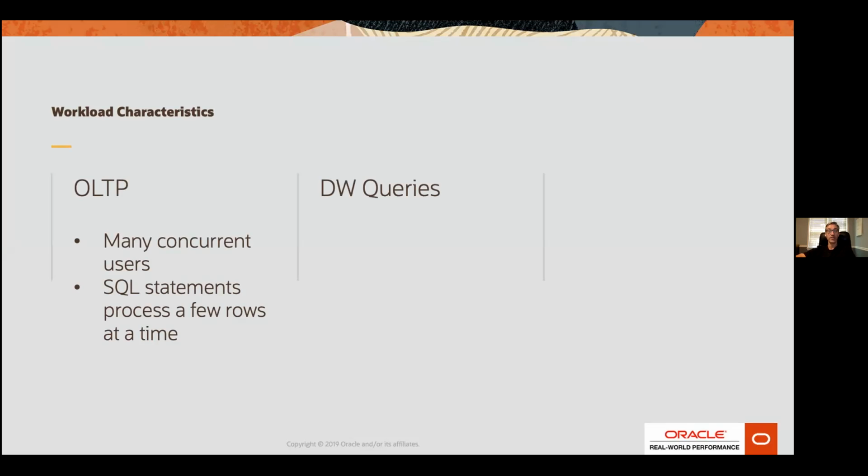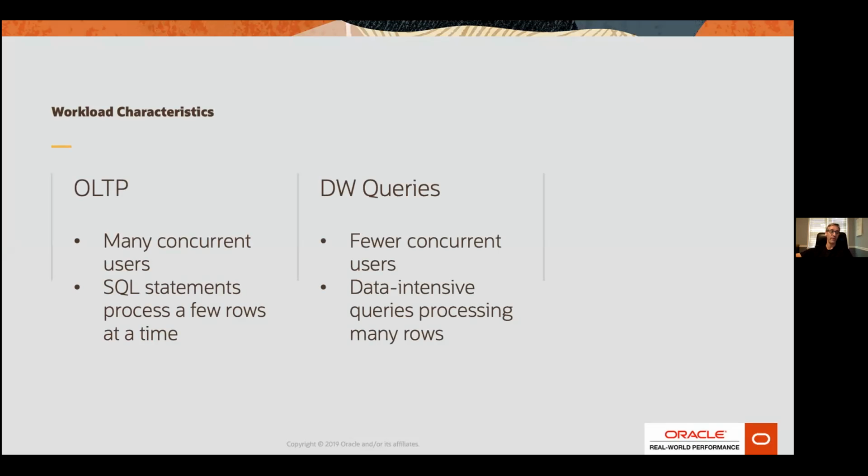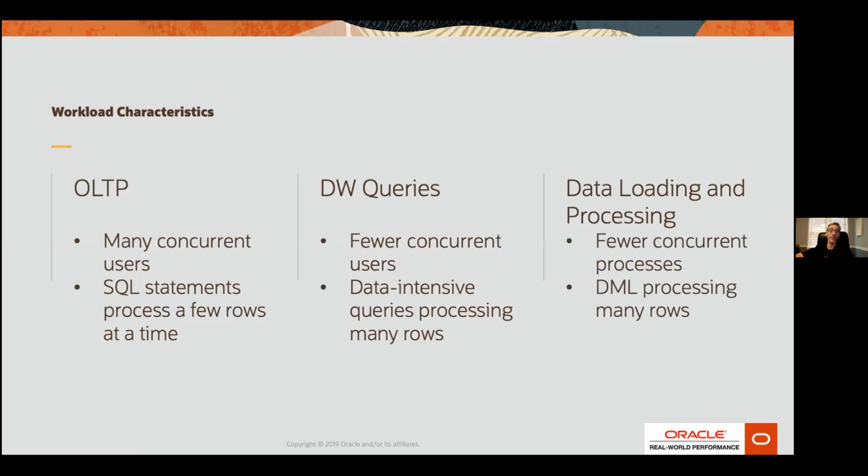You have data warehouse type queries where you have fewer users compared to OLTP, but those users have really data intensive queries that process many rows. And then there's some type of data loading and processing where you have fewer concurrent users or sessions or jobs which are working on DML over many rows. Now, these workloads could be in separate databases, or you may have a database that has one or more of these workloads running inside it.